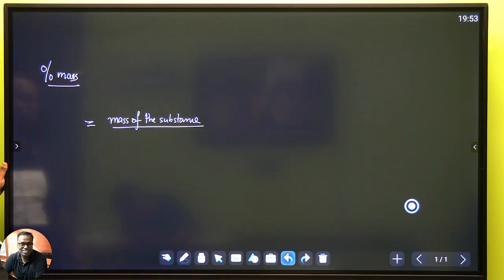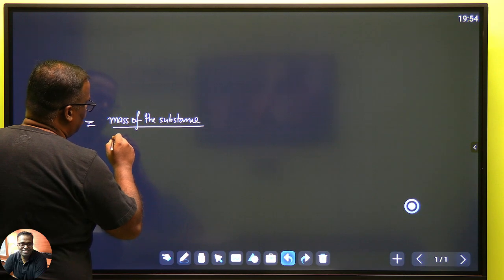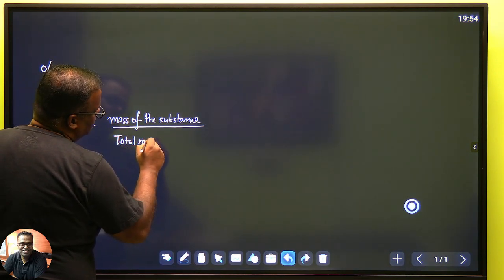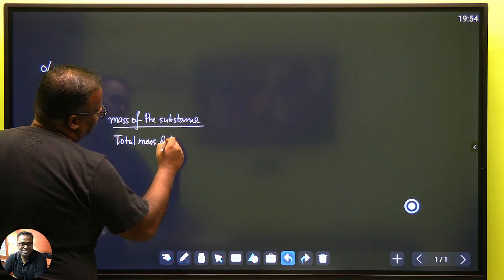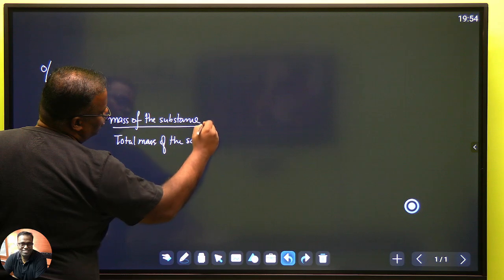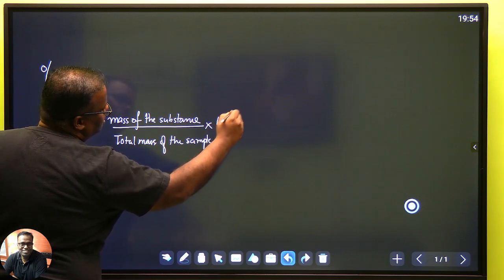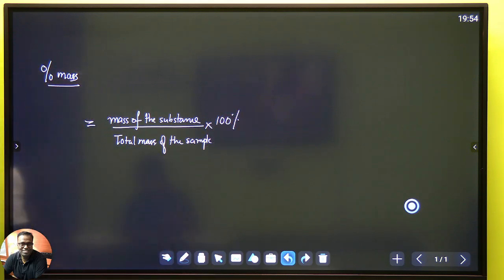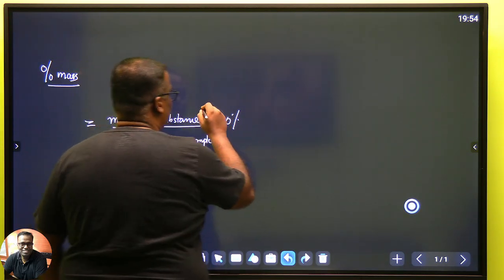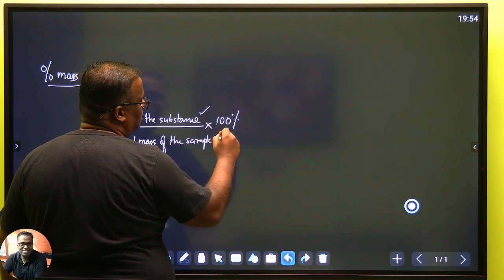Mass of the substance means what you are interested in divided by total mass of the sample, जिस चीज में आप ढूंढ रहे हो उसको, into 100%. Obviously make sure that both should be in the same units.